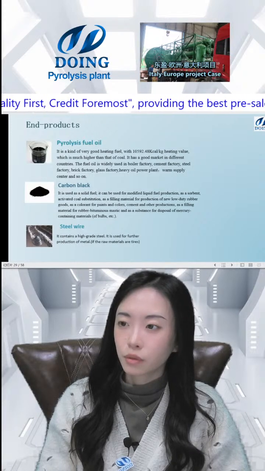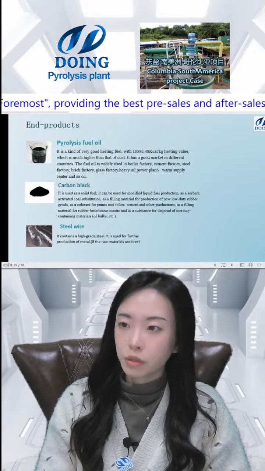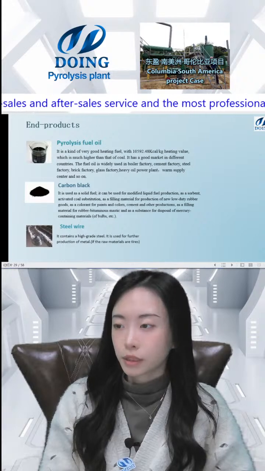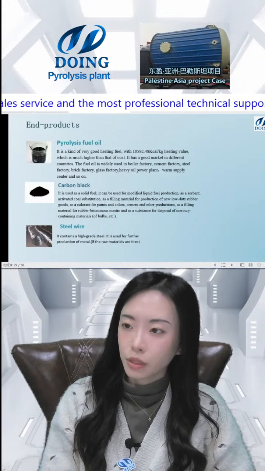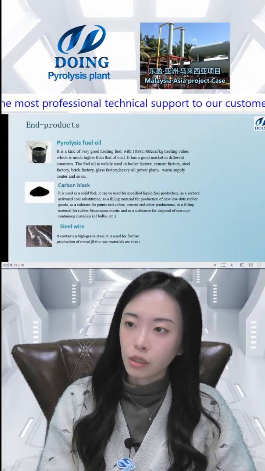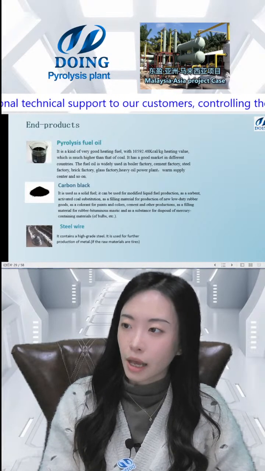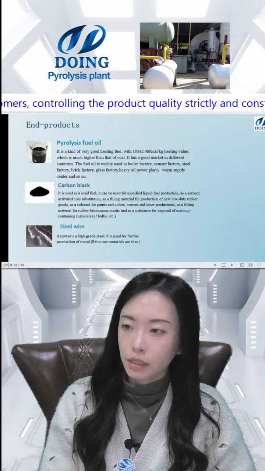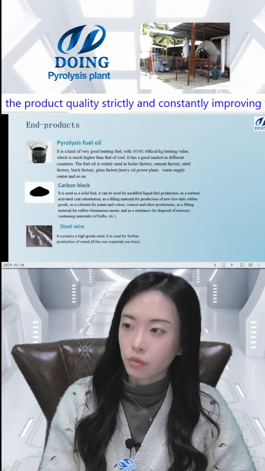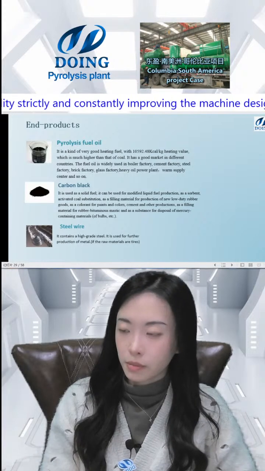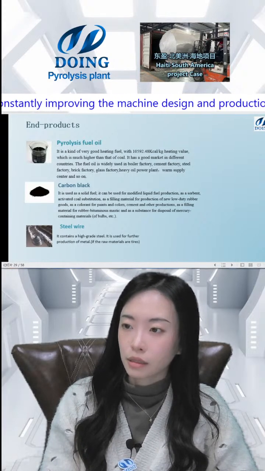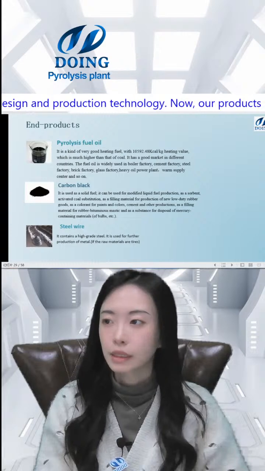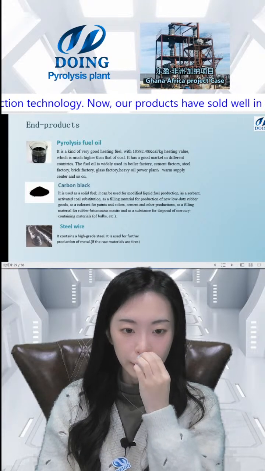It can be used for modified liquid fuel oil production, as a sorbent, as an activated coal substitute, as filling material for production of new low-duty rubber goods, as colorant of paints and colors, in cement and other productions, as filling material for rubber, bituminous mastic, and as a substance for the disposal of these containing materials. This is the wide use of this carbon black.